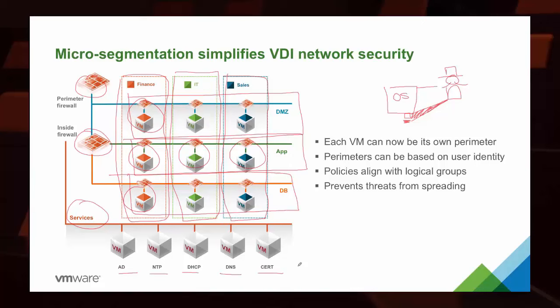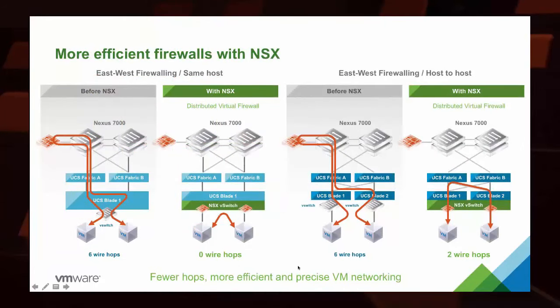So all of this looks like it would add complexity, but the truth is it simplifies things because of the hypervisor integration with NSX. So what does that mean? Well, if we look at same-host traffic between firewalls in a conventional world, we would have to move from a virtual machine out into the server, out into the fabric, into the top of rack, and then move all the way back again.